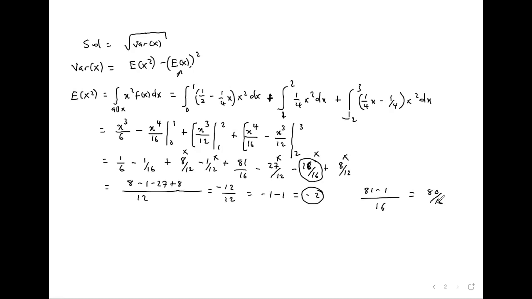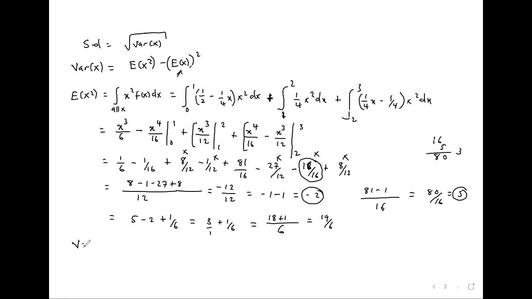Looks like 16 can go there 5 times. So this is 5. So we are dealing with 5 minus 2 plus 1 over 6. This is 3 plus 1 over 6. 6 down, 18 plus 1, 19 over 6.